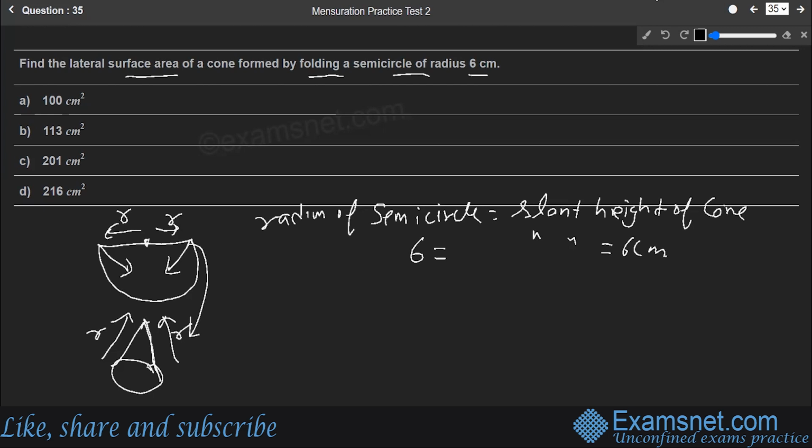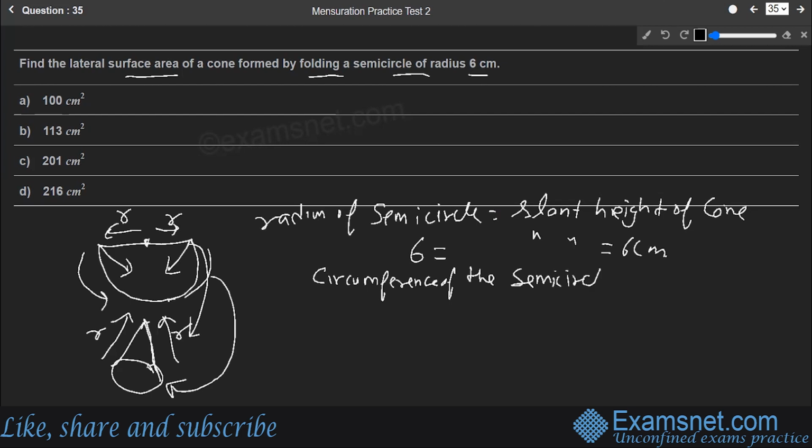Now let us find out more. One more thing, the circumference of this semicircle, this very part, actually becomes the circumference of the base of the cone. We can write here that the circumference of the semicircle becomes the circumference of the base of the cone.